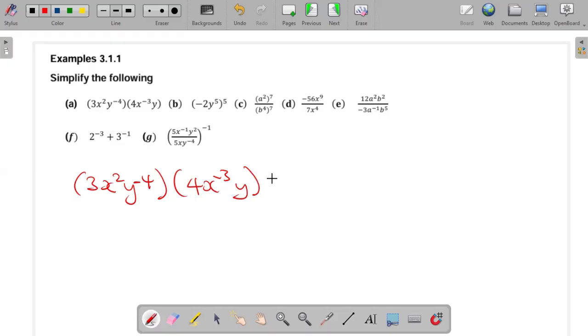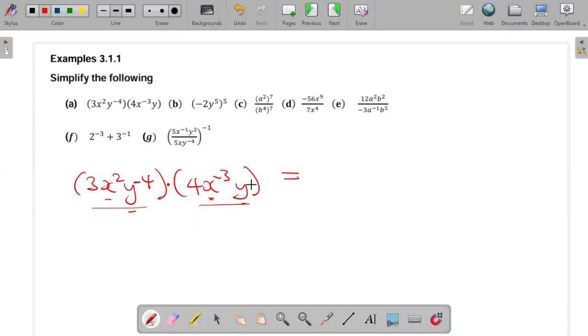So how are we going to simplify this? We can see that we have x and y here, and we also have x and y there, so those bases are the same. When we have values in brackets like this, it means I'm multiplying the first part with the second part.